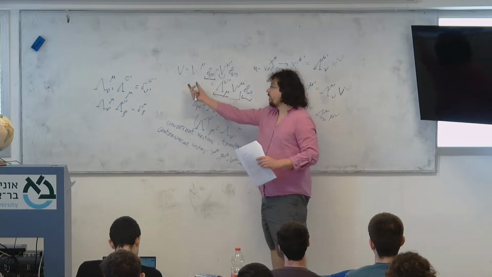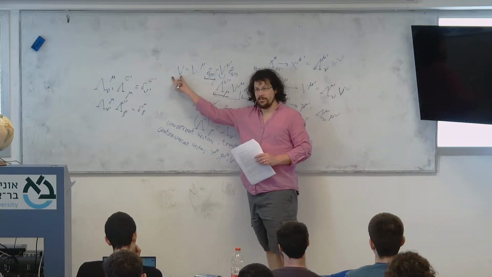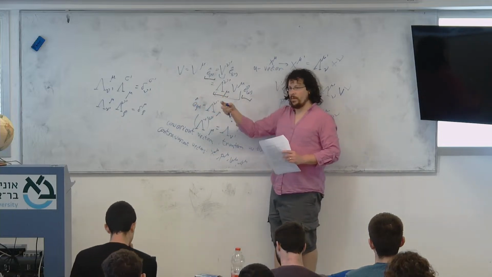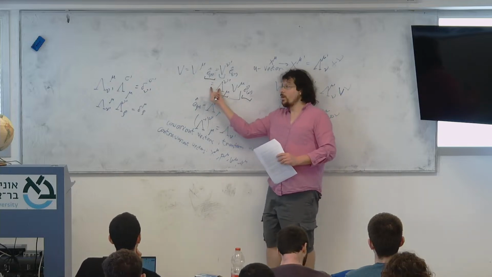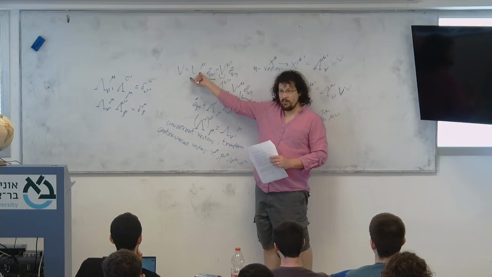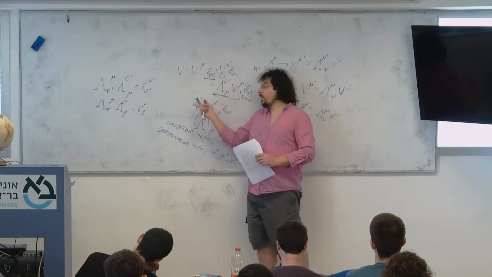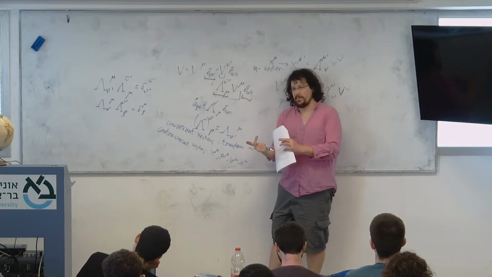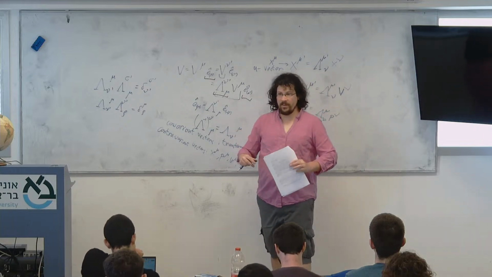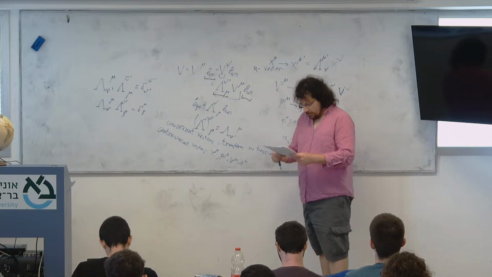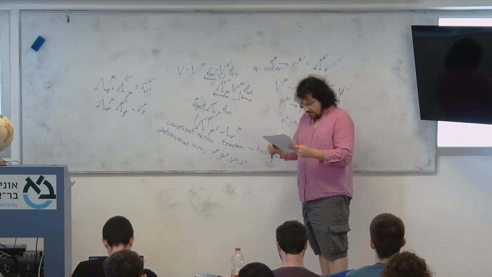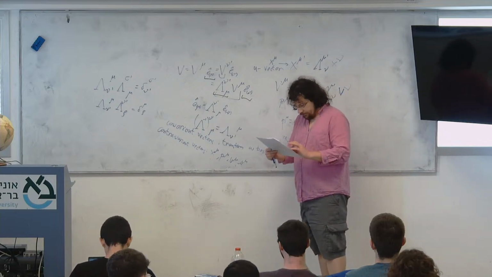Exactly. By definition, the object is the same. But if you make a transformation, the basis vectors change. And so the contravariant components have to transform in the opposite way to cancel out the change in the basis vectors. Because the object has to remain the same. Exactly. Okay, so contravariant and covariant vectors.